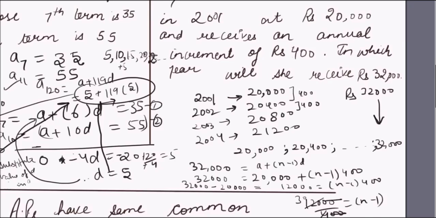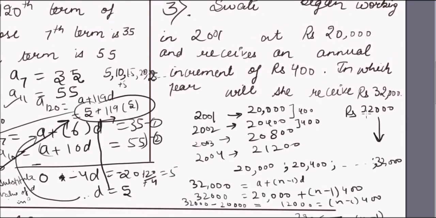That is, the term 32,000 is at 31st place. If first place is 20,000, second place is 20,400, then this term is at 31st place.